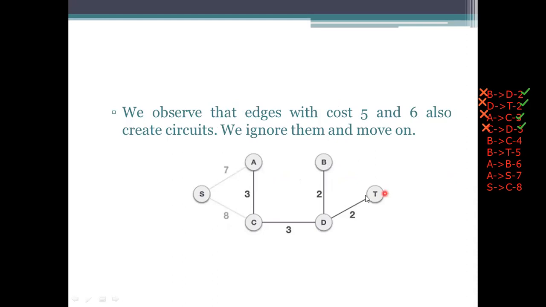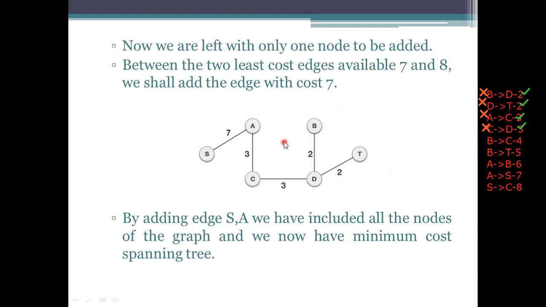Coming to the next one, the next minimum value here is 7. Take that value, count it, and go for the processing. The value here is 7 and the edge consists of S here, so we need to include this one.